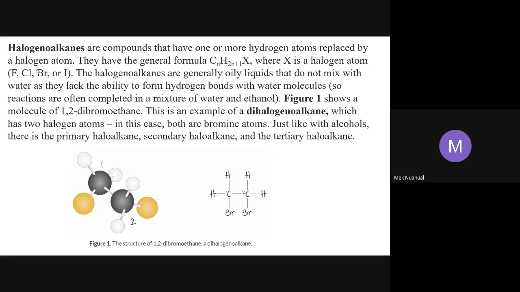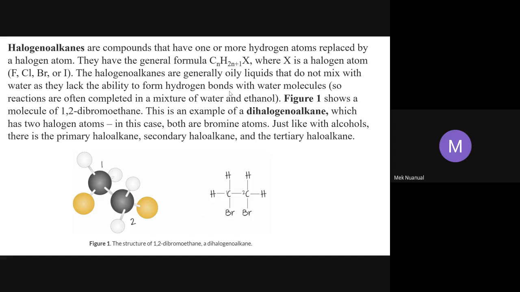All right, now, just to review then, we know that halogenoalkanes will have one of the main halogens from fluorine to iodine attached to your alkane. The general formula is CnH2n+1X, where X is your halogen. Normally they're only liquids and they do not mix well with water.